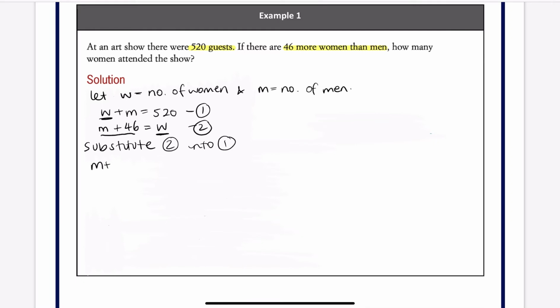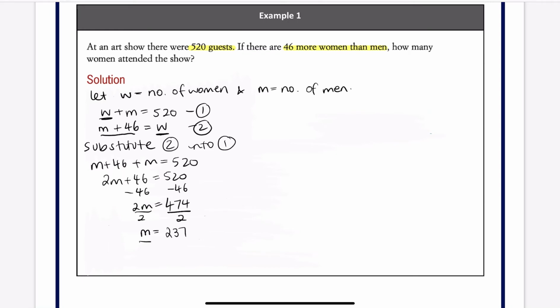So M plus 46 plus M equals 520. That's 2M plus 46 equals 520. Solving this two-step equation, minus 46 on both sides, leaves 2M equals 520 minus 46, which is 474. Divide both sides by 2, leaving M equals 237.